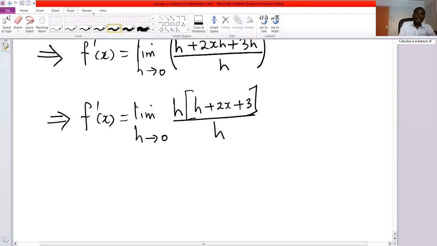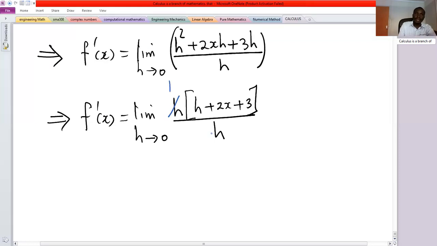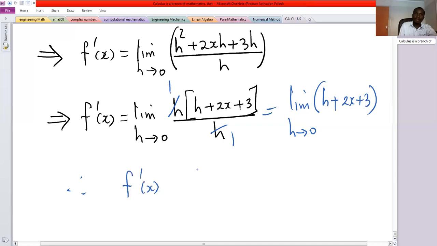Now with that factorization, this h and h cancel out, so we'll have the limit as h approaches 0 of h plus 2x plus 3, and therefore by direct substitution, we'll have 0 plus 2x plus 3, which is just 2x plus 3.